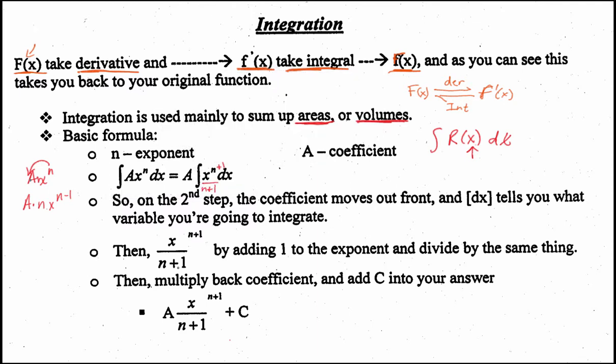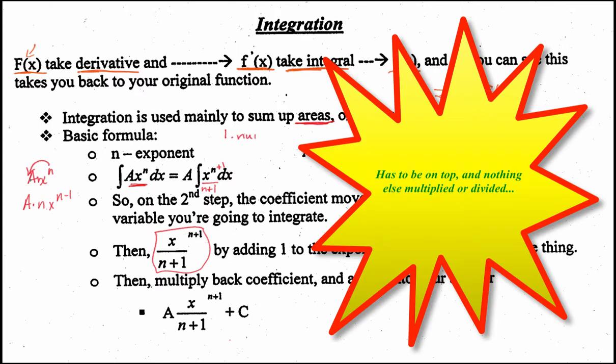This only works if this x to the n is in the numerator and it can't be multiplied to something else. It just has to be an x to some power of n.